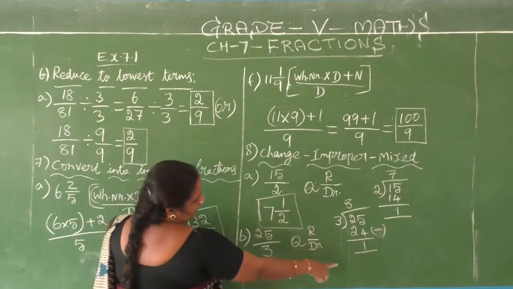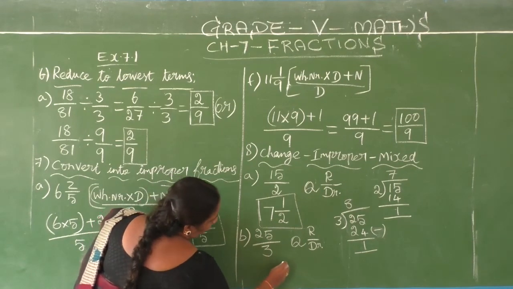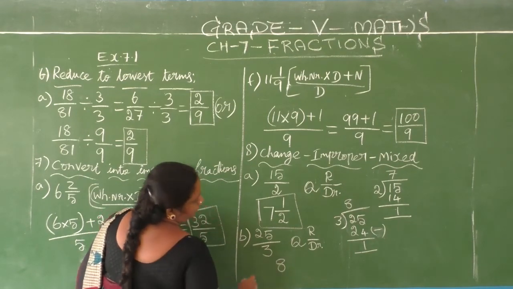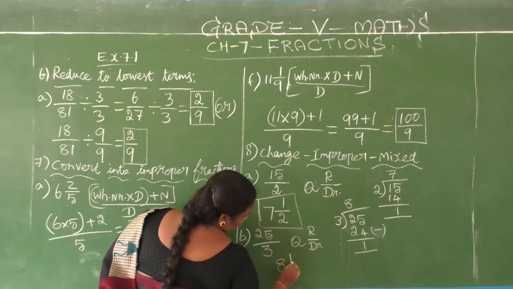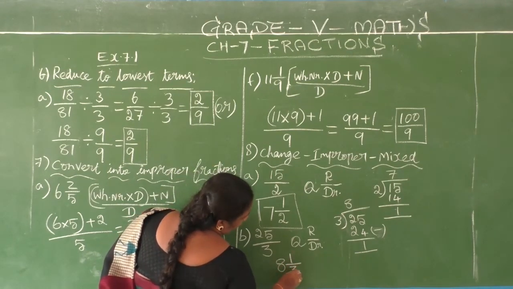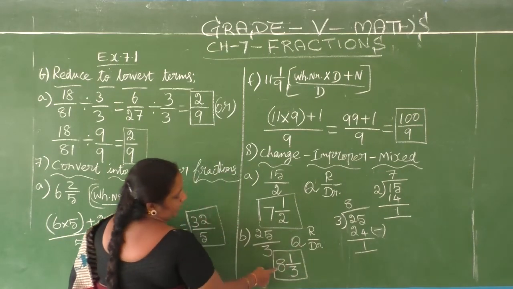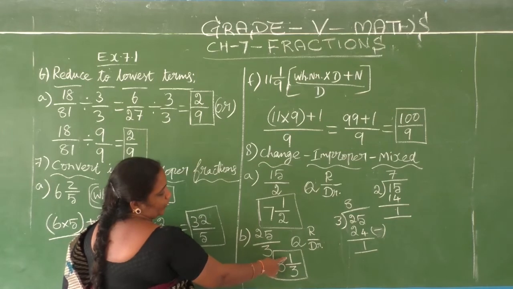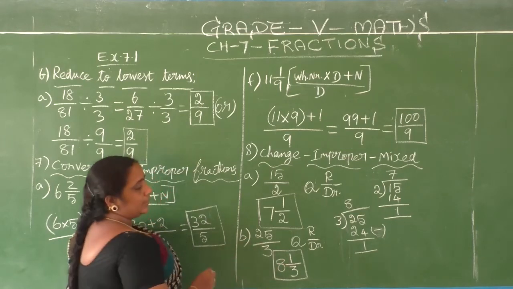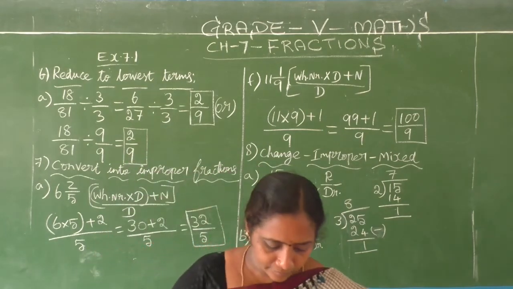So now we can write the mixed fraction. The quotient is 8, that's the whole number. Then the remainder is 1, that's the numerator, by our divisor 3, that's the denominator. So 8 1 by 3. Check: 3 8s are 24, 24 plus 1, 25. So 25 by 3. Okay, it's very easy only, ma.